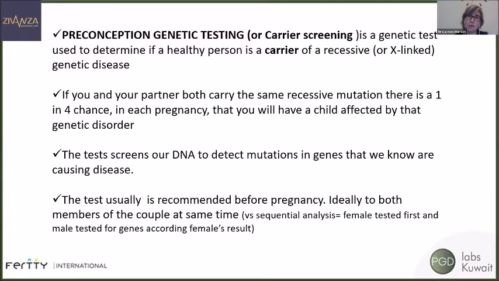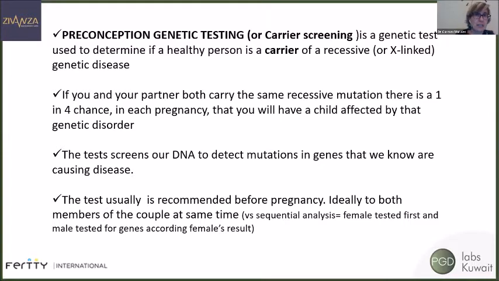There are other approaches where they usually test only the female partner, and if they find any mutation in the female, then they test the male for these specific genes. This can save money only if you don't detect anything in the female.